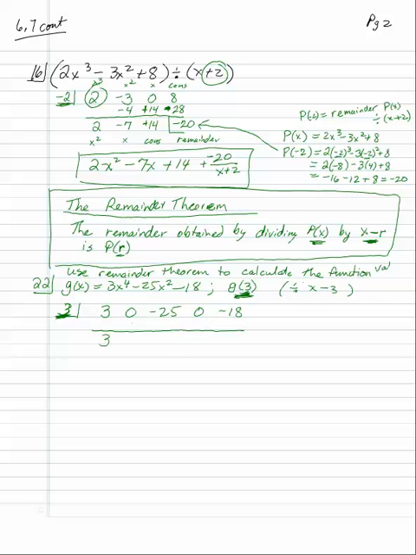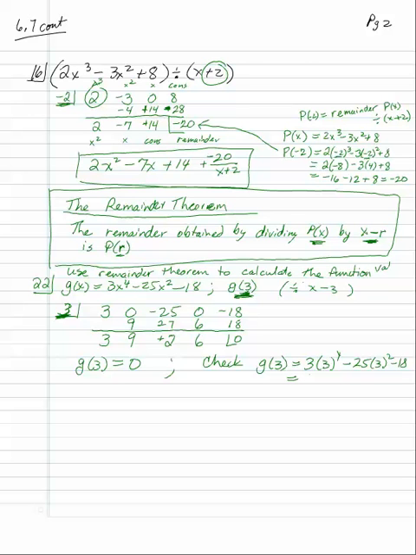So bring down the first one, 3, multiply, add down, and so on, and you get 0. So g of 3 is equal to 0. And if you want to check, g of 3 is equal to 3 to the fourth minus 25 times 3 squared minus 18.